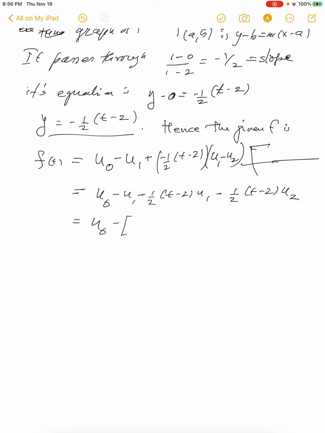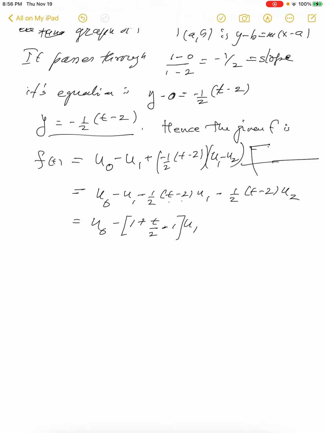So I pull out a minus sign, you get minus 1, minus becomes plus now, t by 2, and you get, so you want to have minus half t, and then you want to have plus 1. So I will put minus 1 here, u1, isn't that right?